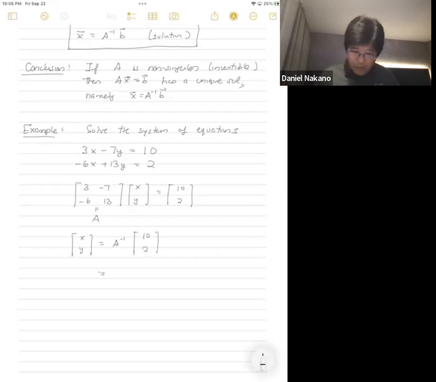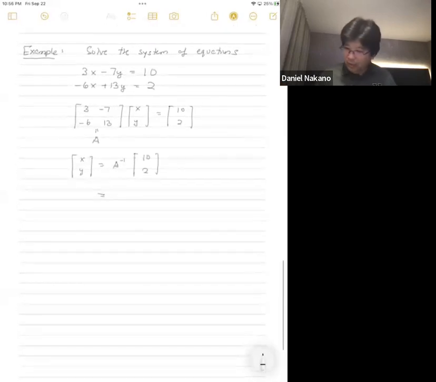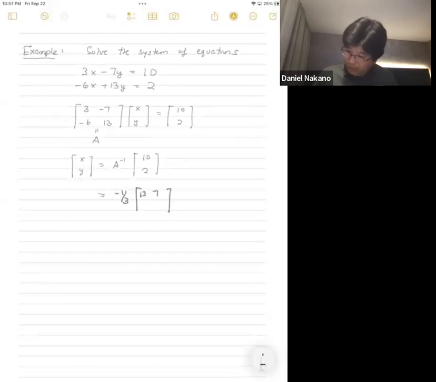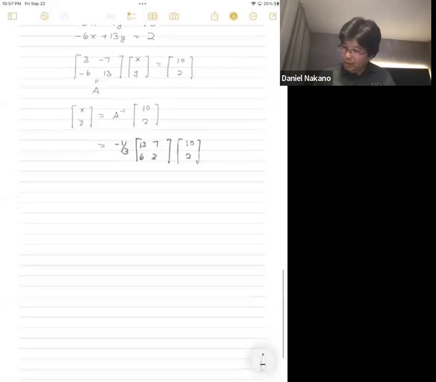Now, we did compute A inverse, and that was 1 over 3 times the matrix [13, 7; 6, 3], and this is (10, 2). And when you compute this all out, what do we get as a vector here?